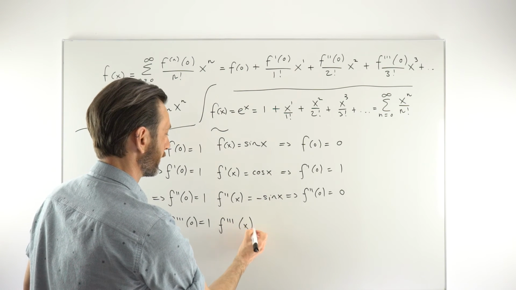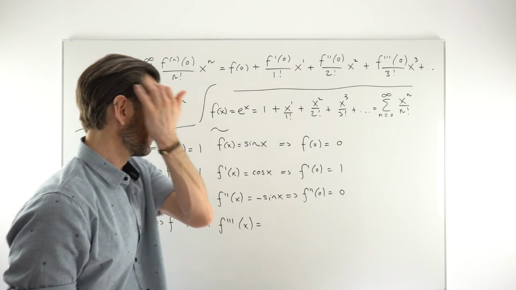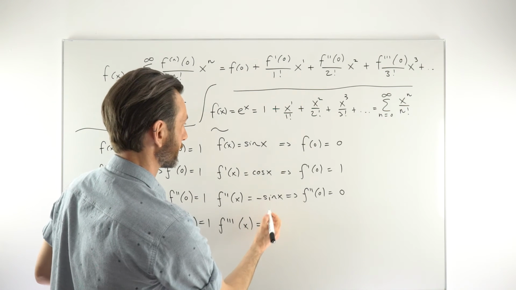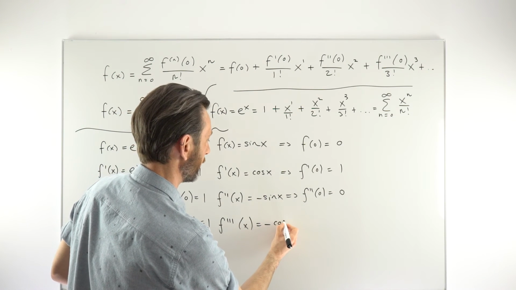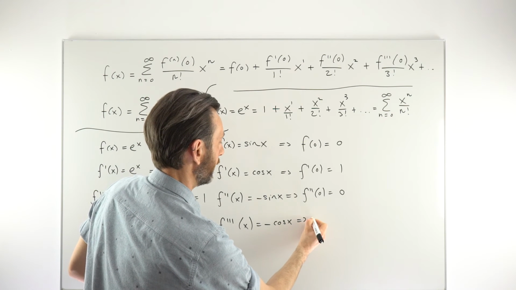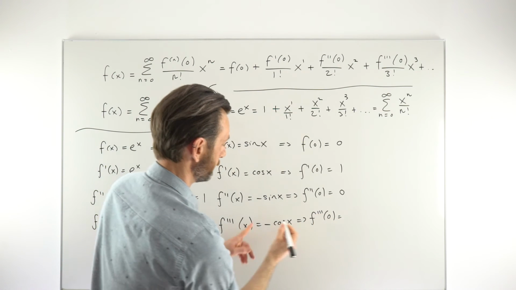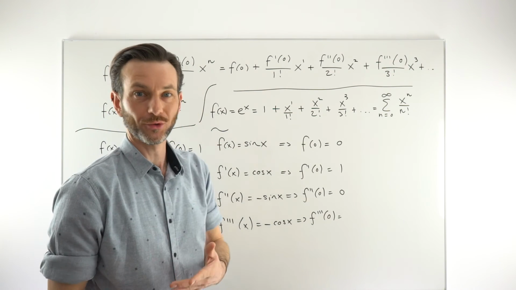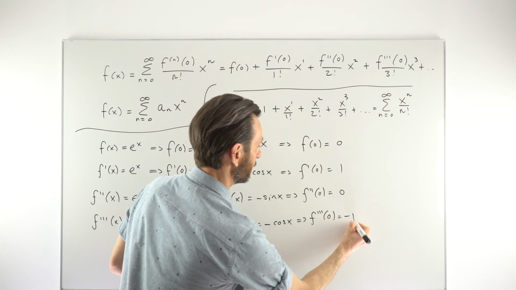If we then take the third derivative, the derivative of minus sine is negative cosine x. So the third derivative evaluated at 0 is minus the cosine of 0. Cosine of 0 is 1, so minus 1. So it's going to be like that.